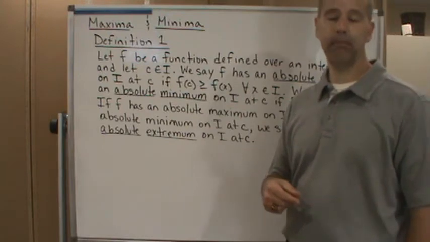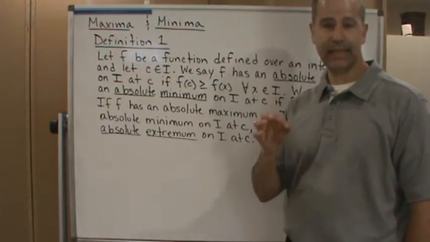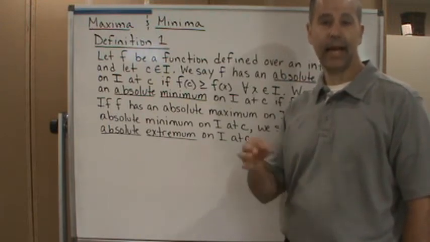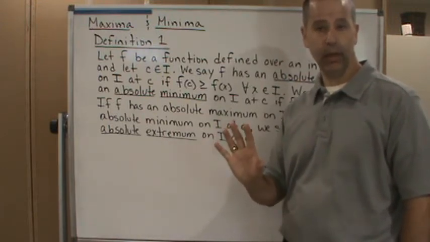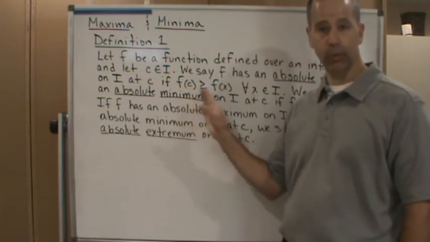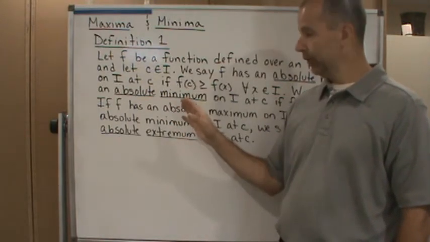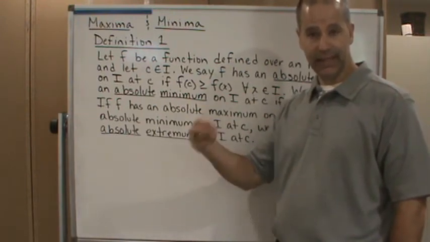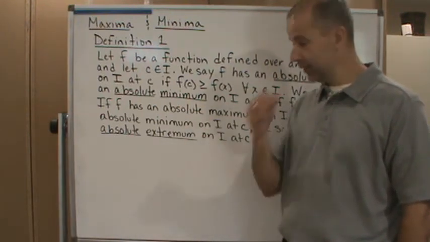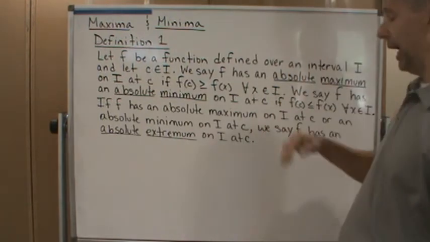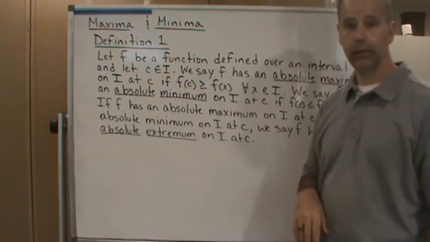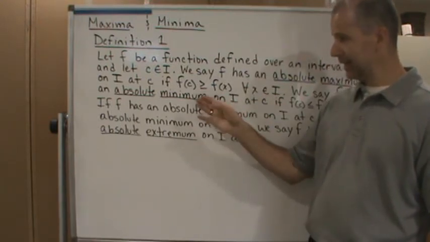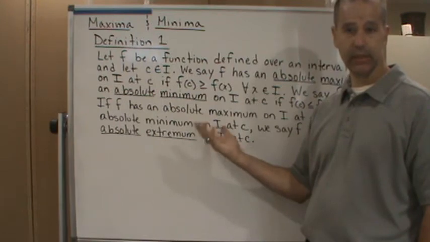This means that it's the lowest point over the entire domain of the function. Sometimes these are called global minimum or global maximum. So absolute means that, hey, if we took the entire domain of the function, this is the absolute minimum over the interval I. But just realize that an absolute minimum could be negative, it could be positive, it could be zero.